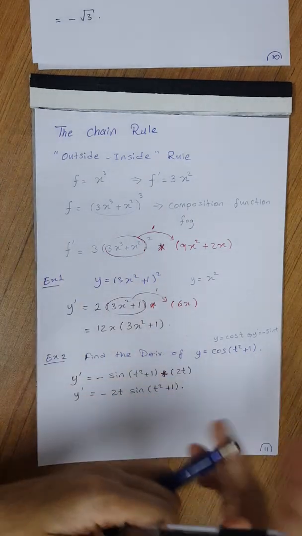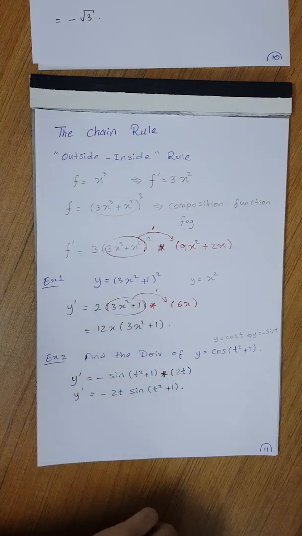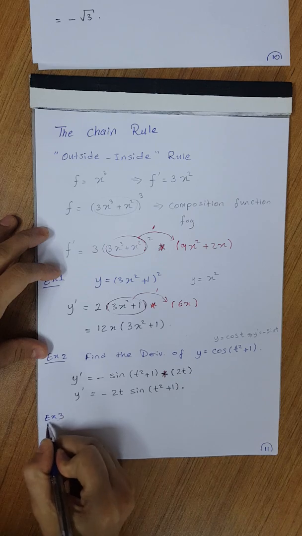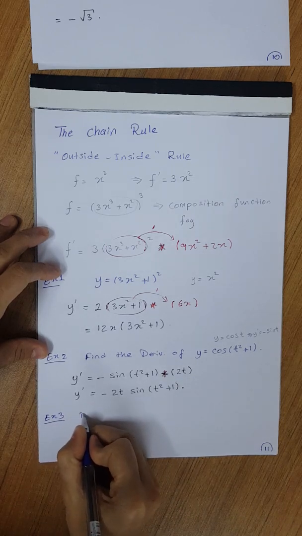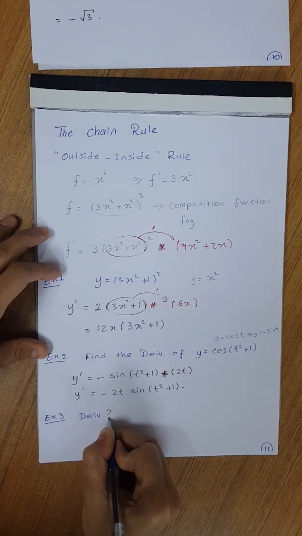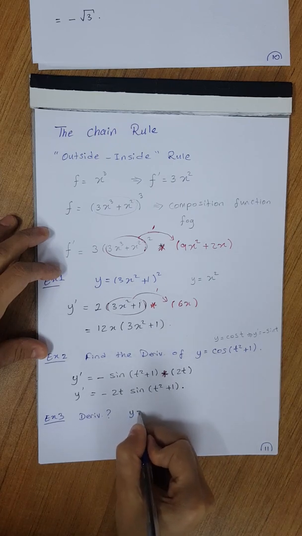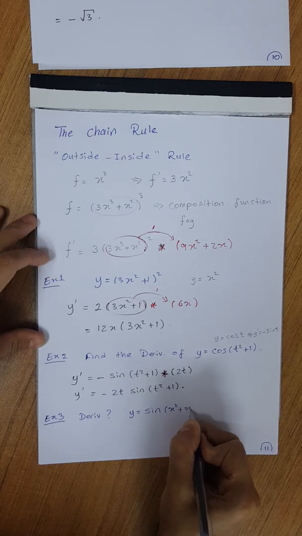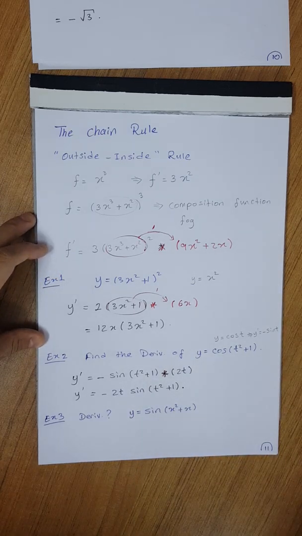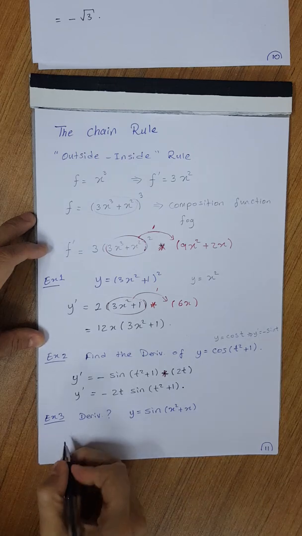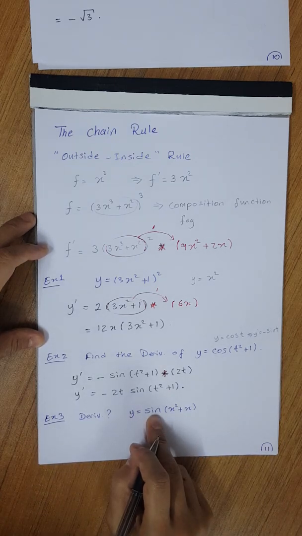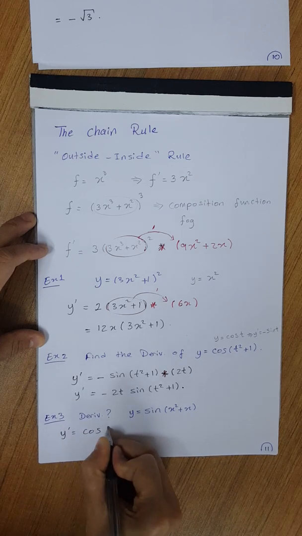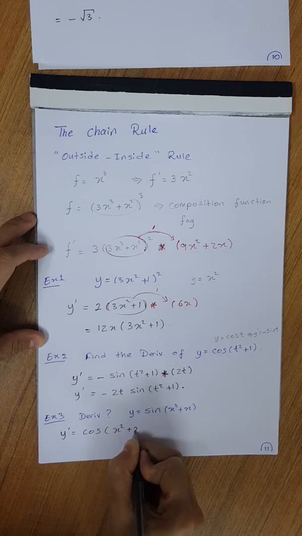We are given another example. Example, I think 3. Again, find the derivative of the function y that's equal to sine of x squared plus x. How do you find the derivative of this one? We know that the derivative of sine is equal to cosine, so y prime is equal to cosine of x squared plus x.